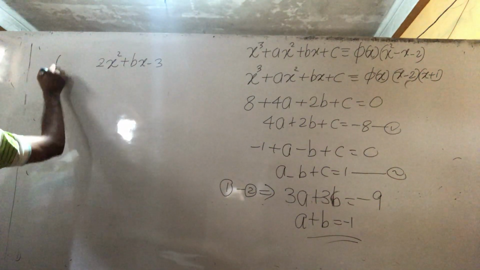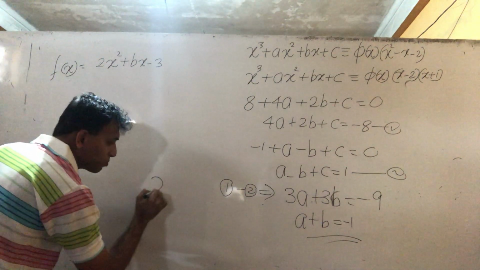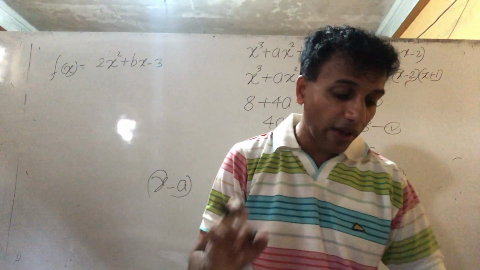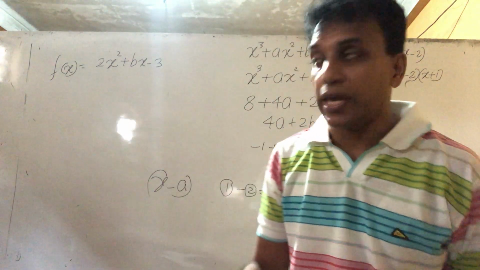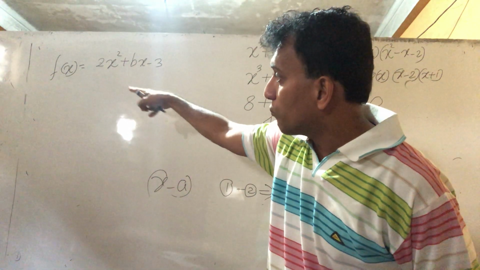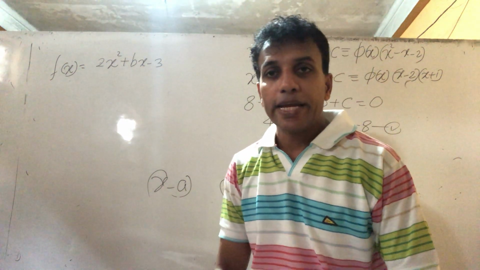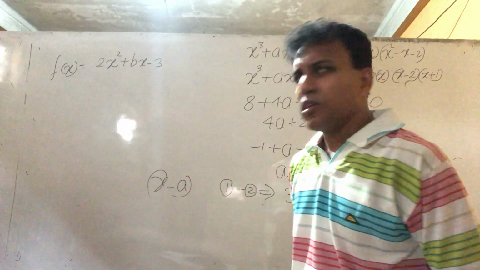If I say f of x, they say x minus a is a factor. Then express b in terms of a. They said x minus a is a factor of that. They want a relation in terms of a and b. That's the problem. So what is the factor theorem?